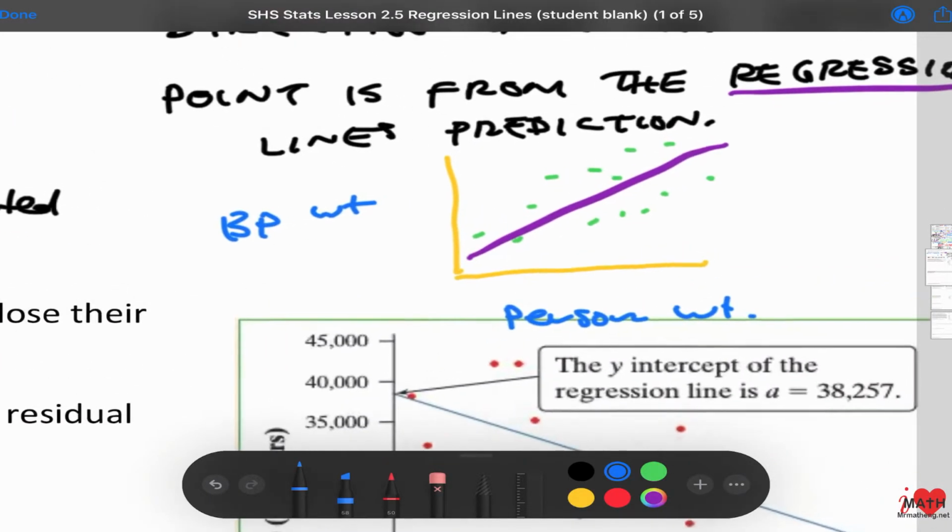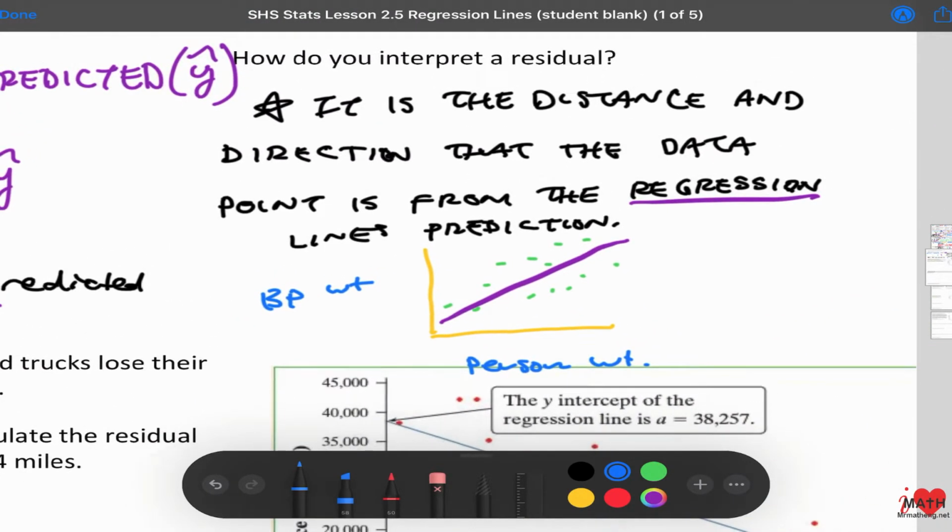And a residual is, let's think about this red dot here. Do you notice that the red dot is above the regression line? What does that mean? It means that their backpack weight was actually over, or more than, our prediction.